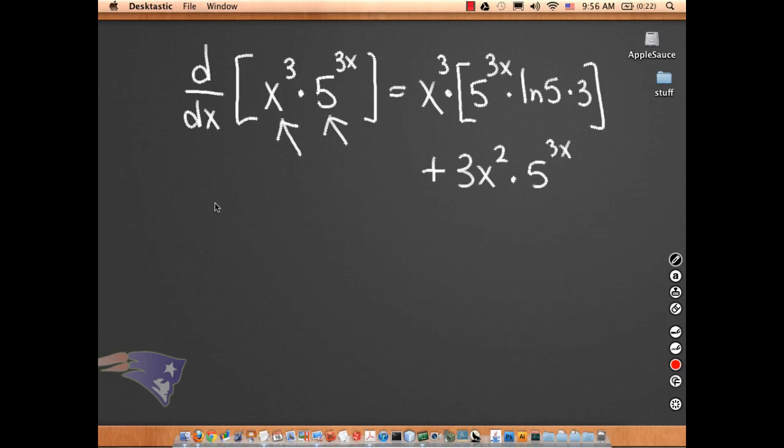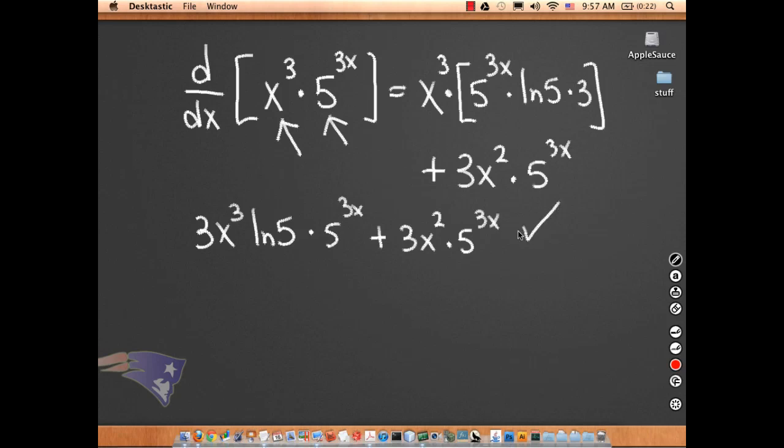Now let's write this all out. This becomes 3x cubed natural log 5 times 5 to the 3x plus 3x squared times 5 to the 3x. And I can leave it just like that. So the product rule still works. The power rule still works.